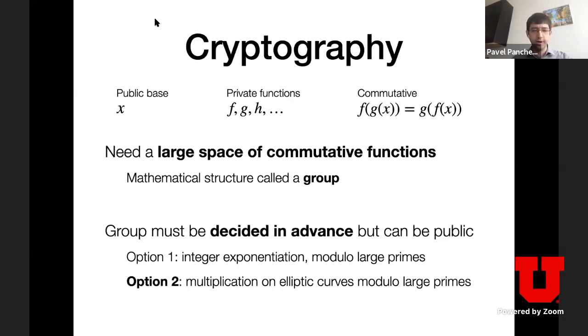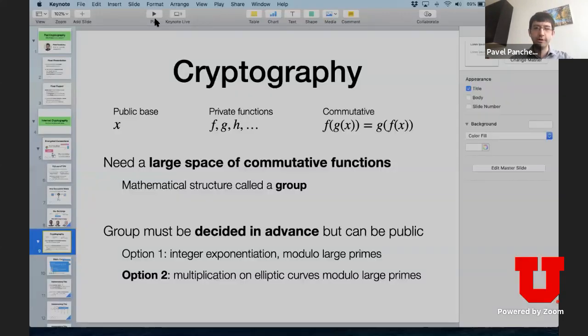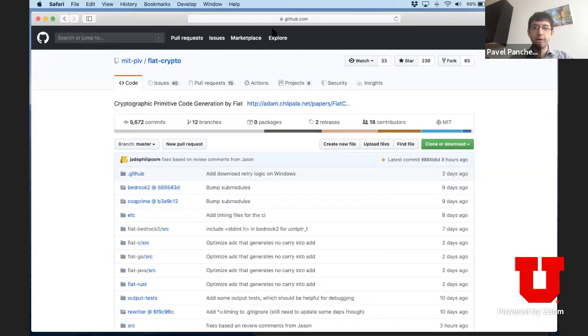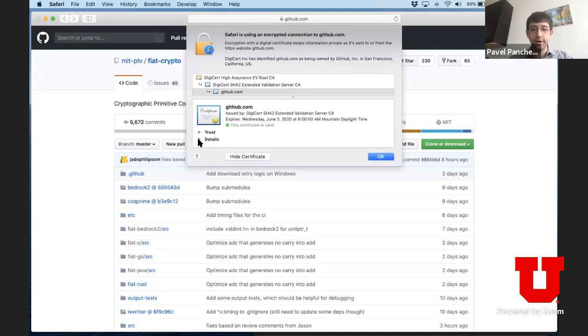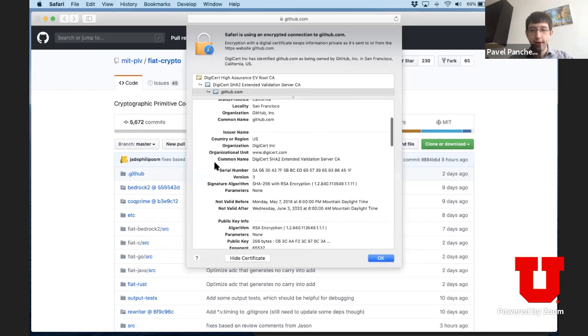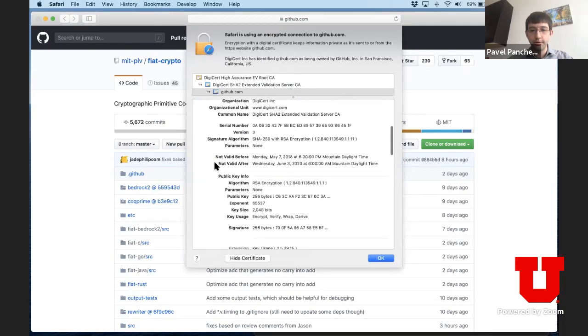And in fact, if you go into your browser, let me see if I can figure out how to do this in Safari. If you go into your browser, you should be able to find out the algorithm used.